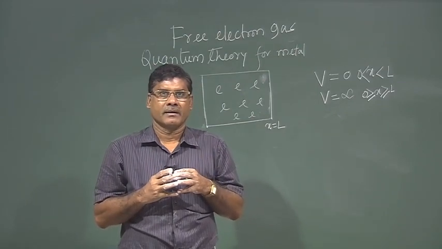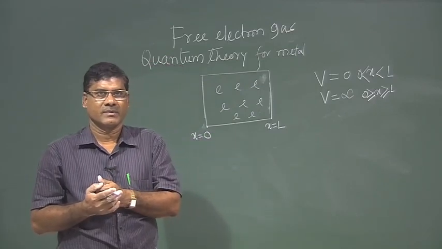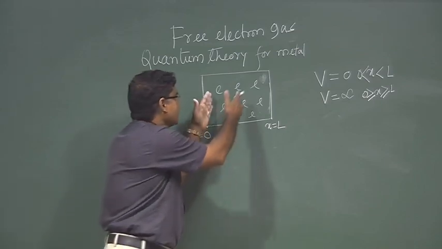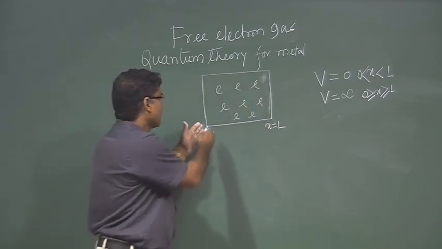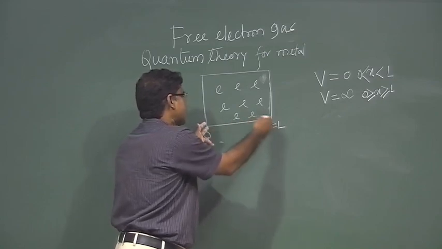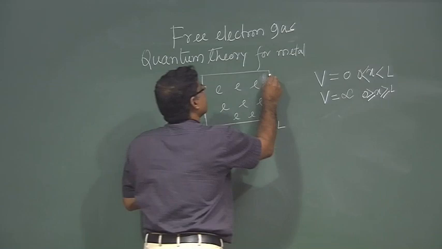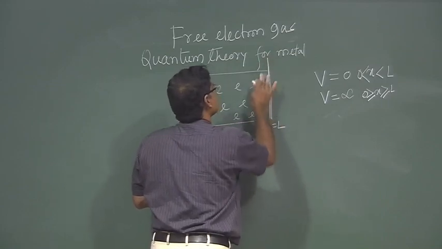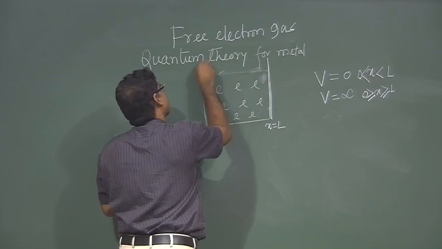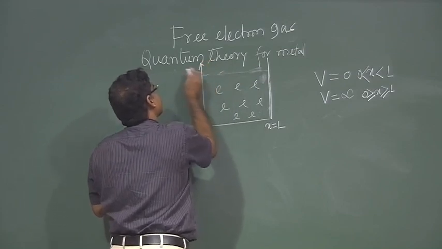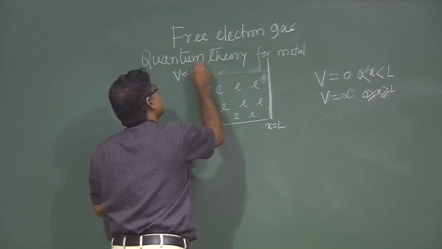Now, we are just considering that the electron is in a 1-dimensional box, whose length is L. Outside here the potential is very high, infinity.